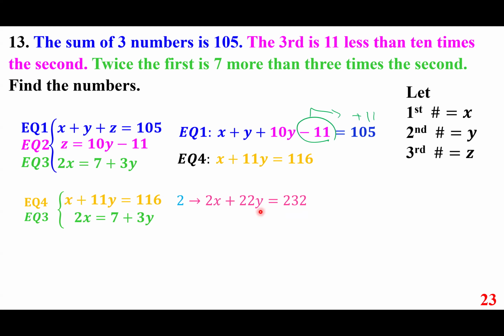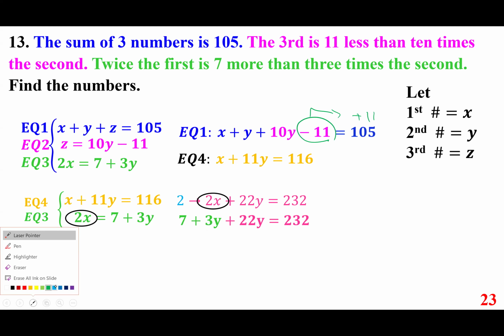We get 2x plus 22y equals 232. Now, this 2x can be replaced by 7 plus 3y. This is the fastest way to solve this. So 2x is replaced by 7 plus 3y, which makes this side 25y.